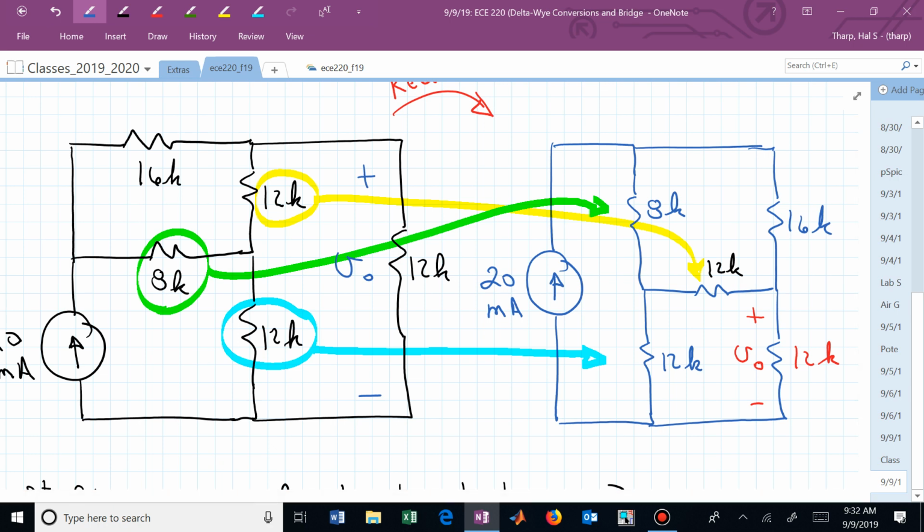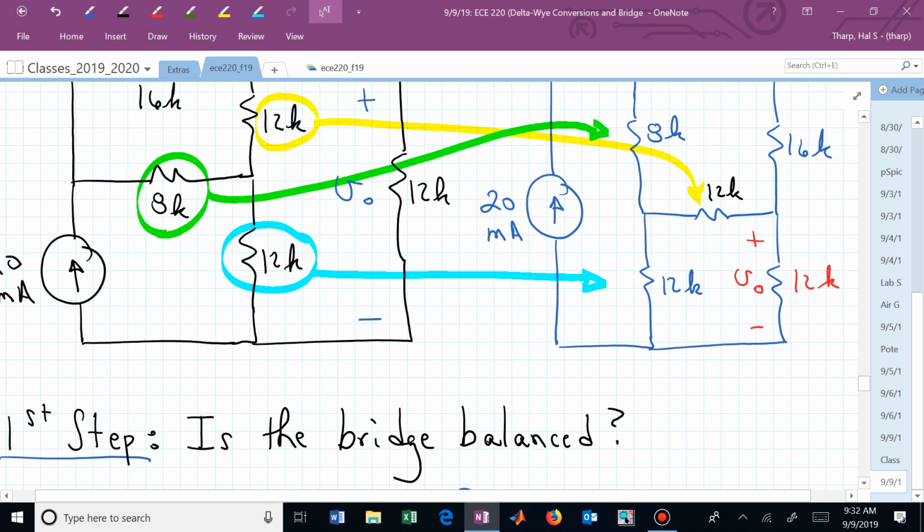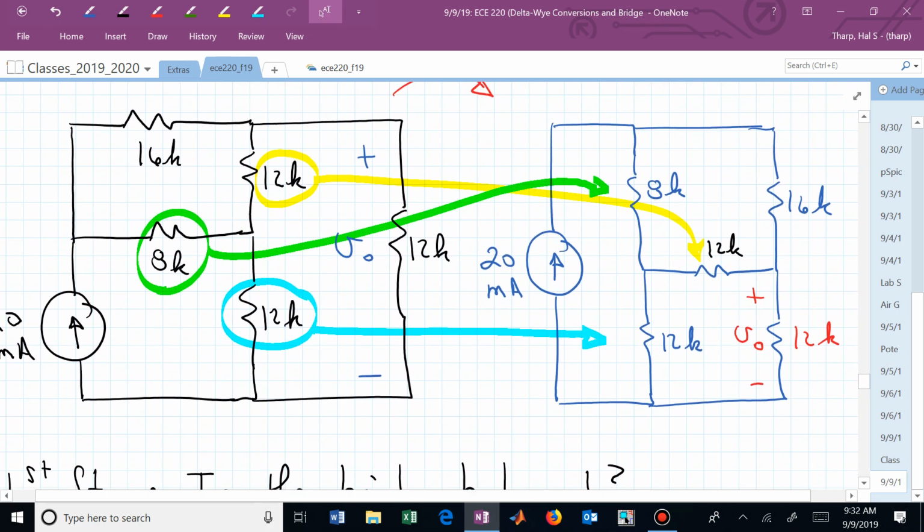We okay with redrawing the circuit? Now it looks more like a bridge. And the very first step, if we now see a bridge network of resistors, the very first thing you probably want to do, because it will simplify your analysis, is to ask, is that bridge balanced? And what does it mean to be balanced?